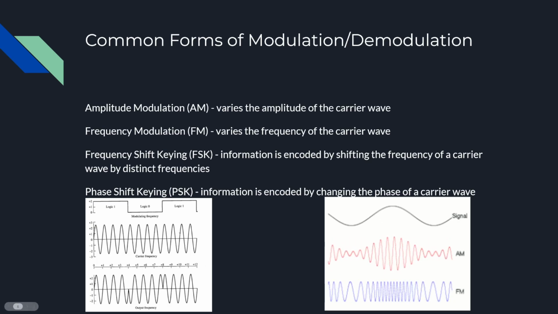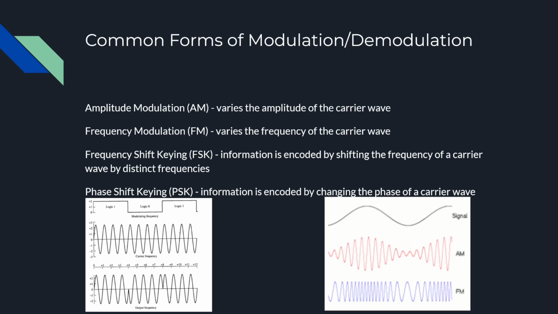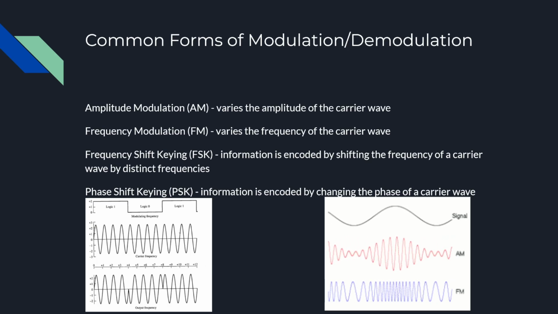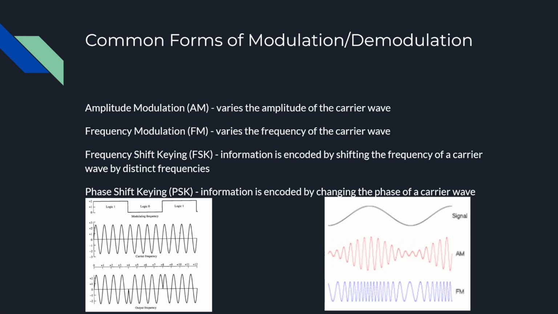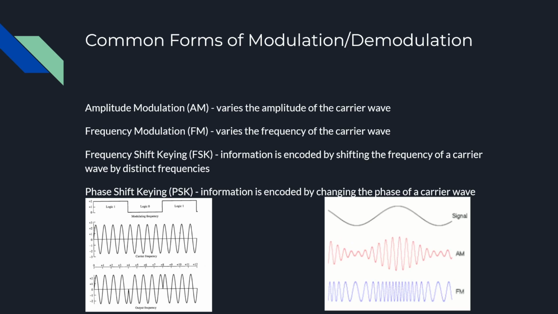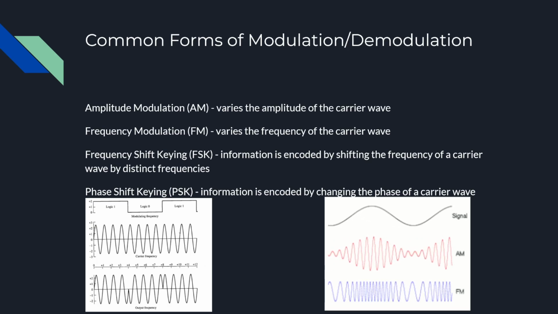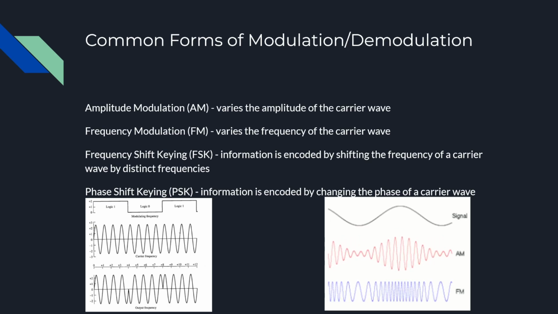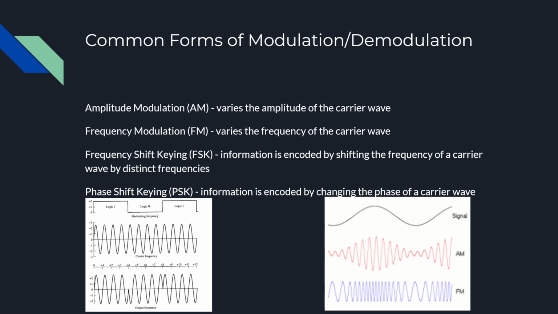If you're trying to send a 1, you'll see the phases switch halfway through. Sorry, I explained that one poorly. I'm a visual person, so this one's a lot easier to explain visually. So, yeah.